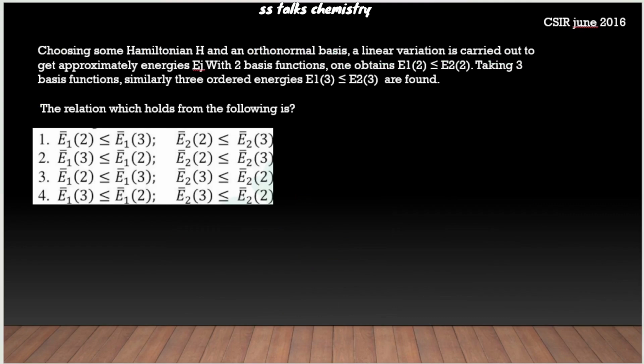Choosing some Hamiltonian H and the orthonormal basis, a linear variation is carried out to get approximate energy values Ej with two basis functions. Two basis functions means the trial wave function we have considered consists of two functions, C1 phi 1 plus C2 phi 2.